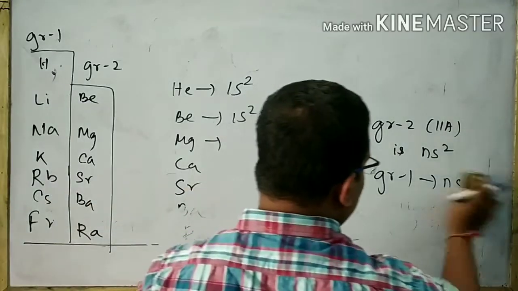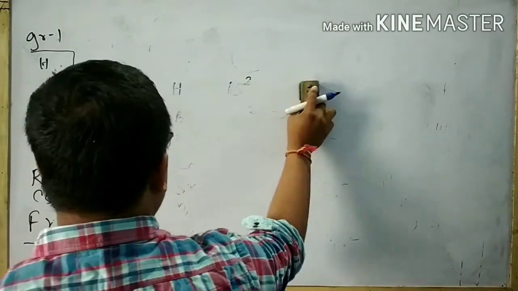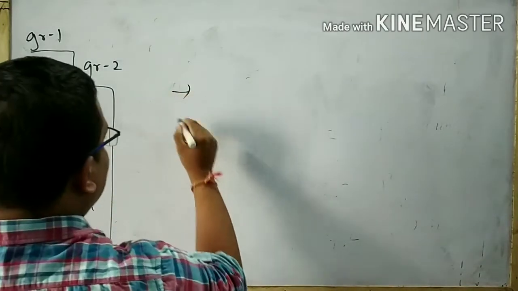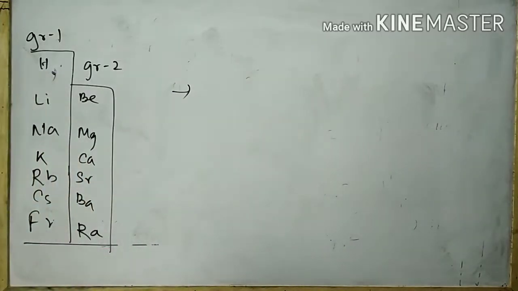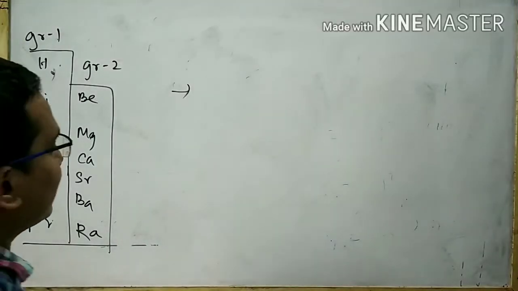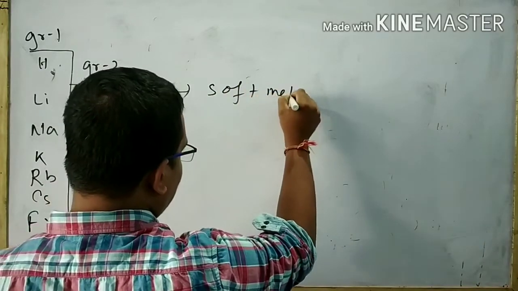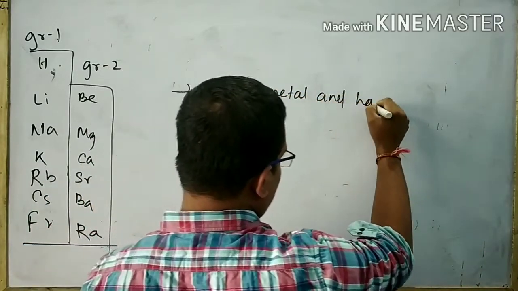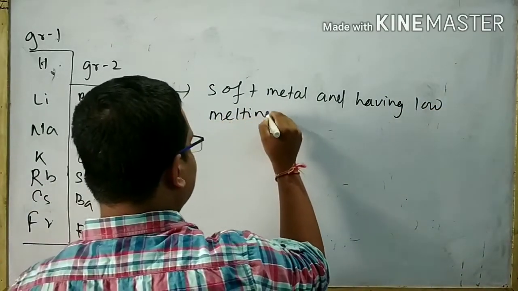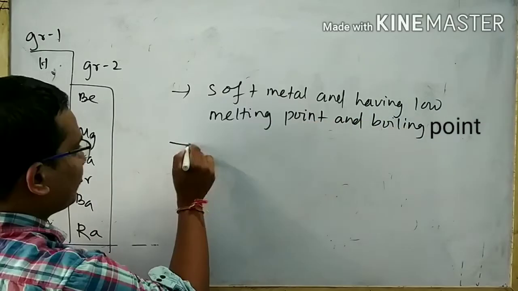Now I will discuss the characteristics of s block elements. What are the characteristics of s block elements? First point: except hydrogen and helium, all the elements present in the s block are soft metals having low melting point and boiling point.